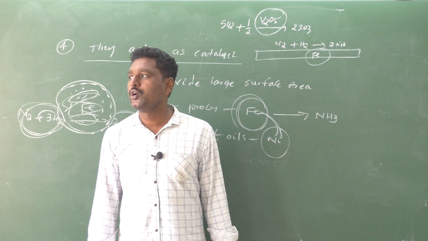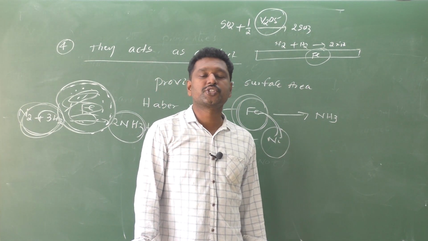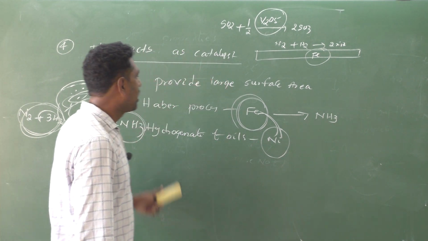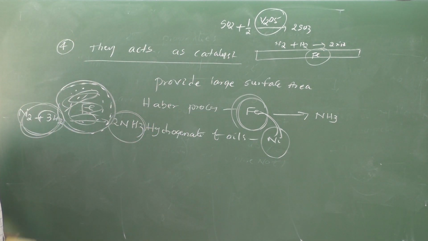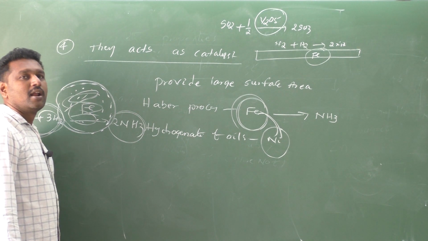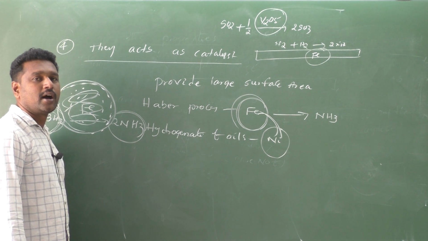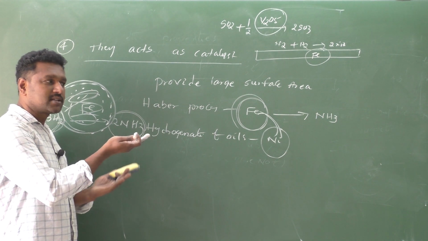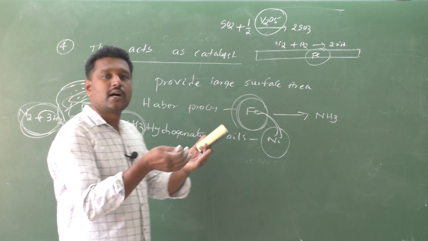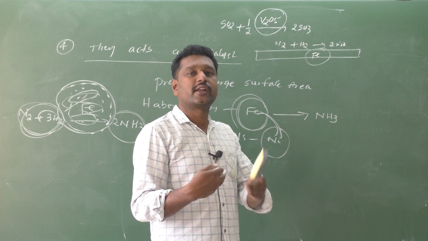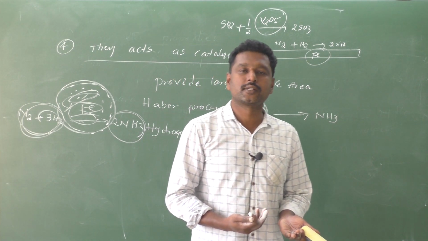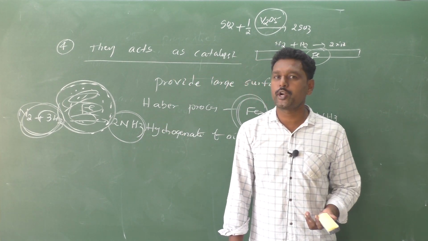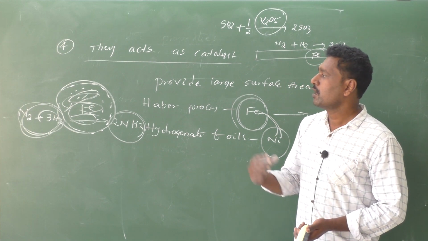It is also one of the transition properties of d block elements. They are used as catalysts because they provide large surface area, on which the reactants are converted to products.